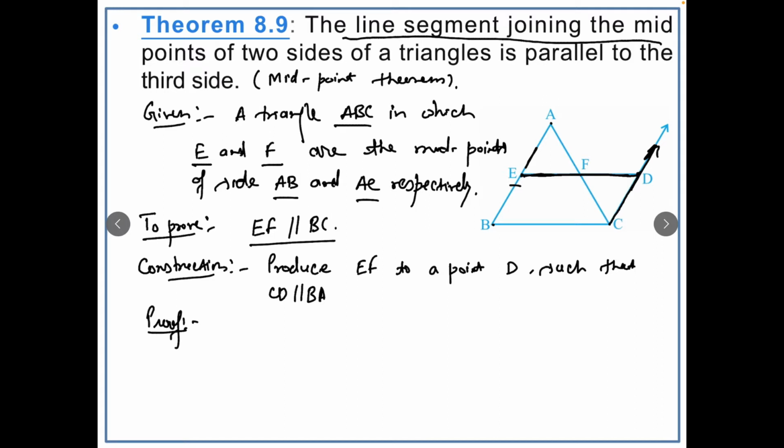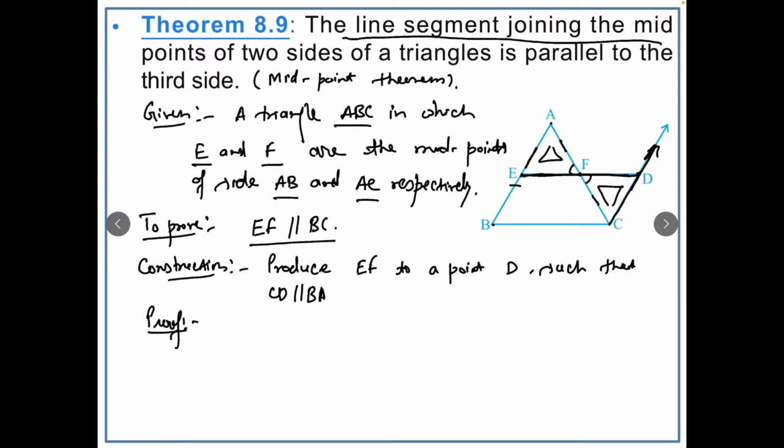In its proof, we're going to start with these two triangles AEF and CDF, and we'll prove that they are congruent by the angle side angle property. First we have these two angles equal because they are vertically opposite angles. Then we have sides AF and FC equal because F is the midpoint of AC.